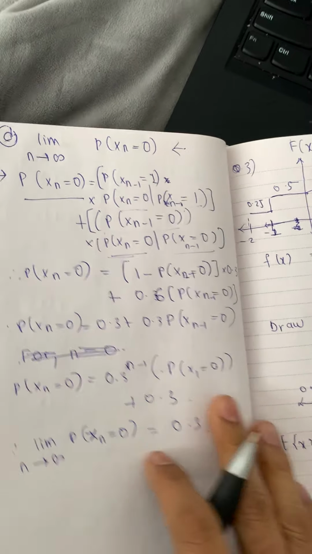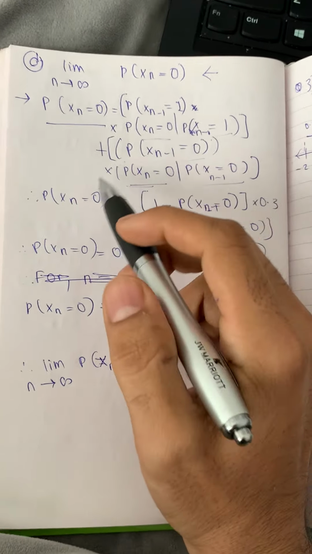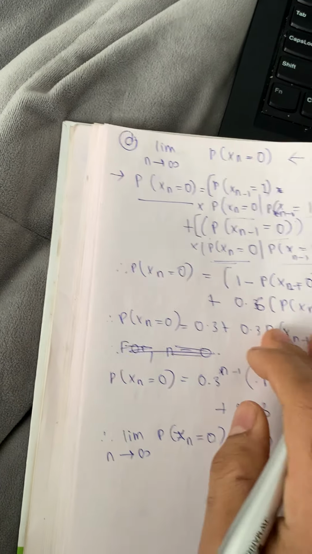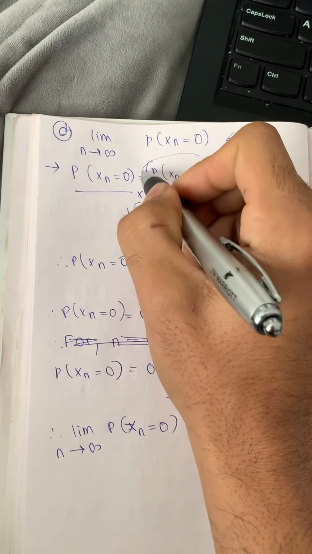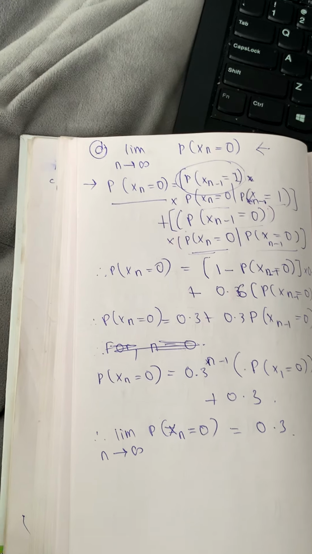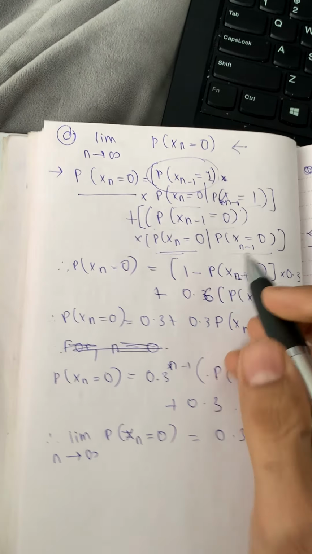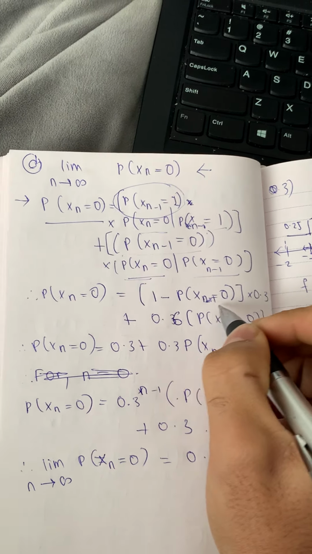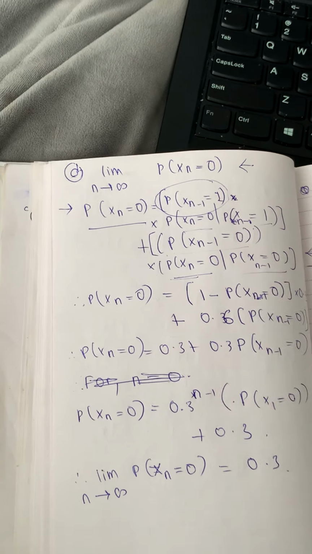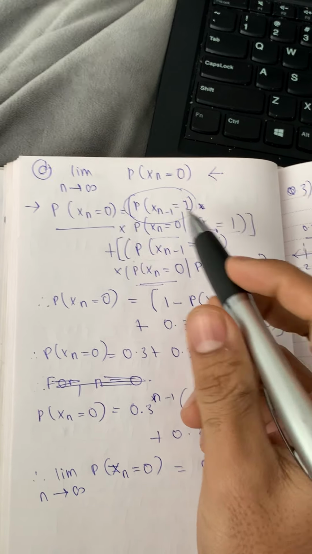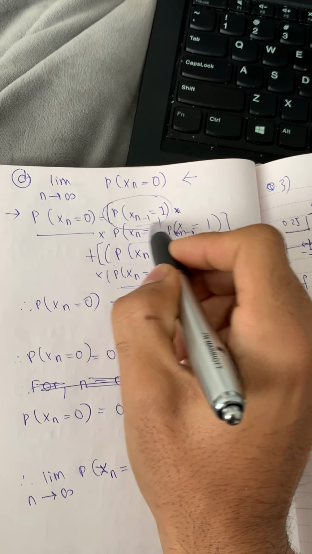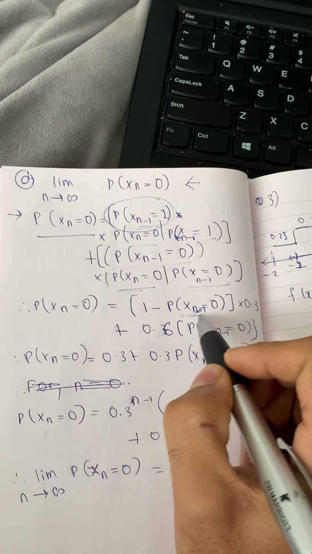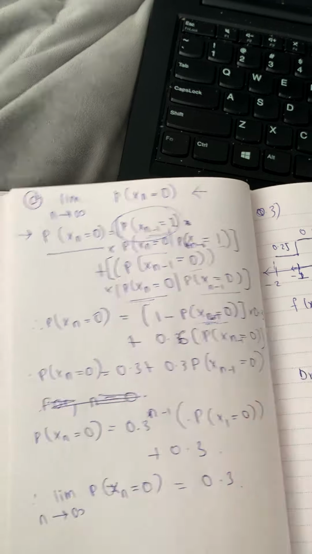Here, instead of probability of xn minus 1 equal to 1, we wrote 1 minus probability of xn minus 1 equal to 0, subtracting it from 1.